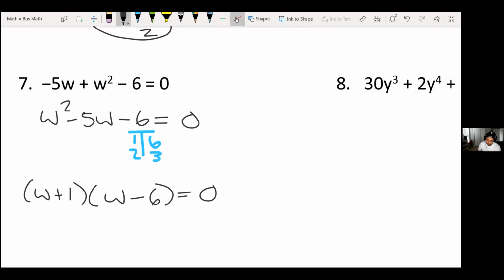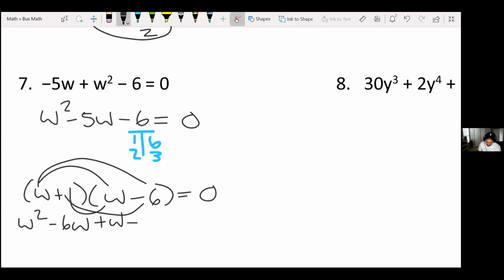Now you can always check it. You can FOIL. So you have w times w, w squared, -6w plus w, minus 6. And all of this gives me my -5w. So our foiling checks that our factoring is correct.